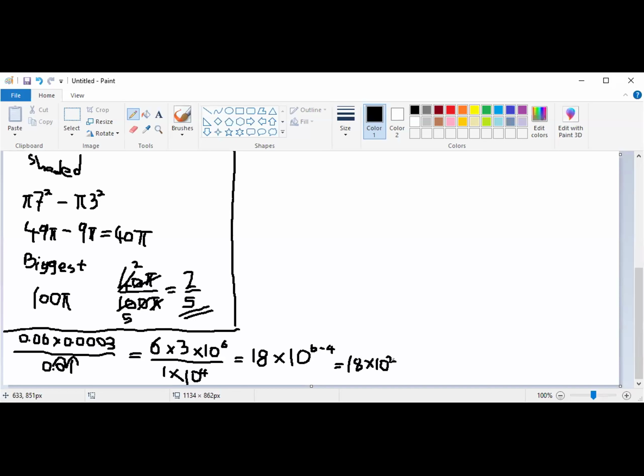So what are we going to do? Now you have to be careful here, if not, you can still mess things up. It's going to give me 1.8. Now, 1.8 and 18, what do you think happened? The decimal point moved from the back of 8 into the middle, isn't it?